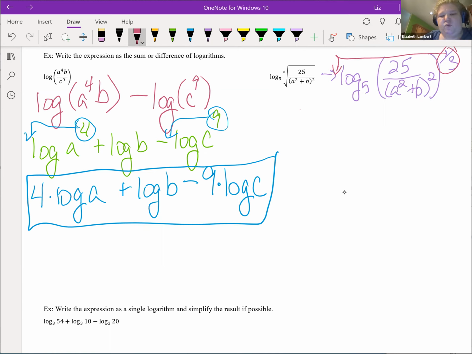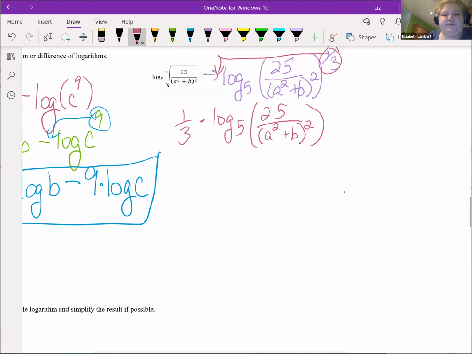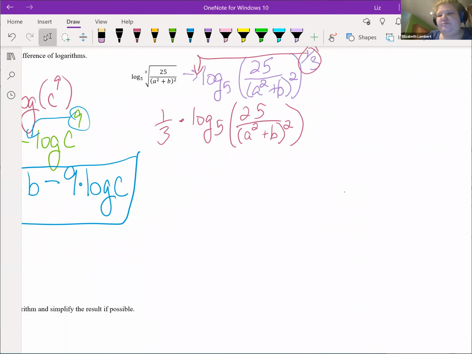So I now have 1/3 times log base 5 of ugly mess. So since the 1/3 was applied to everything inside, we're going to see that 1/3 end up needing to be distributed everywhere. So it'd get a little tedious, but that's the way it works.